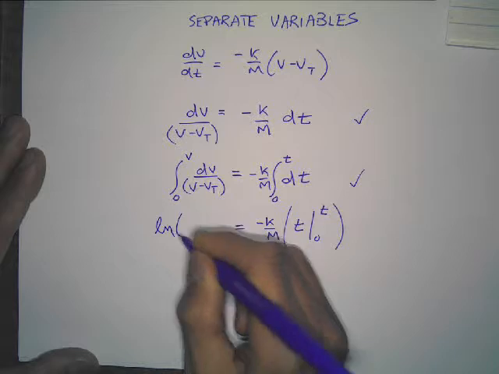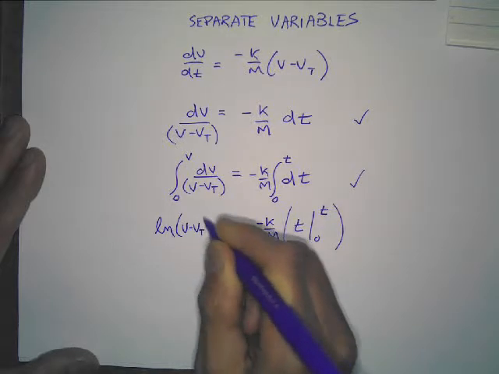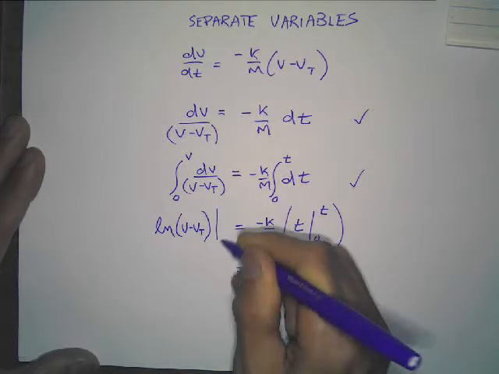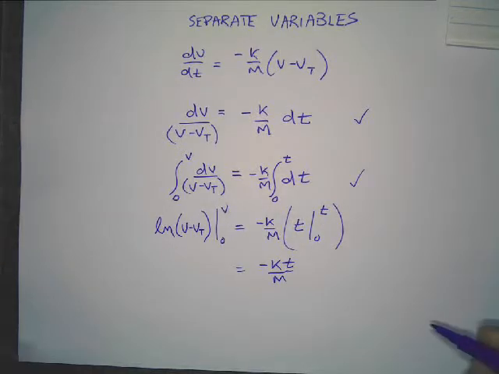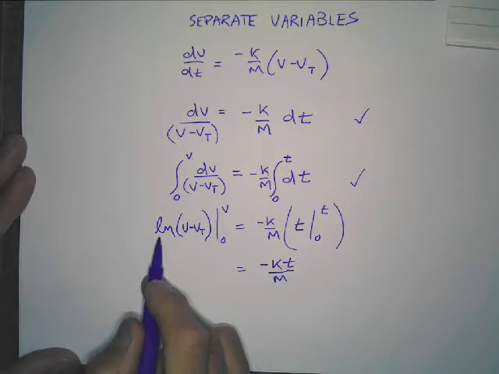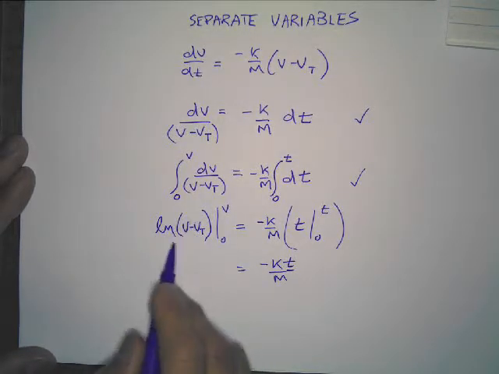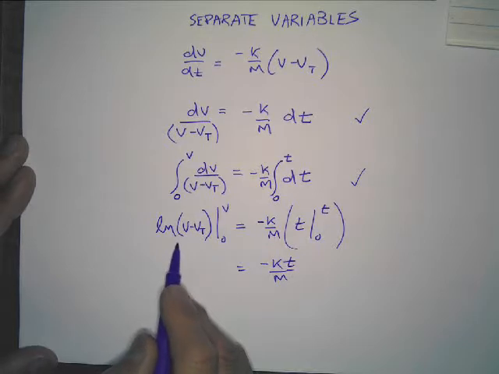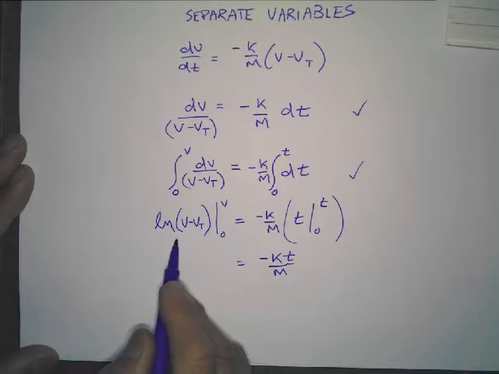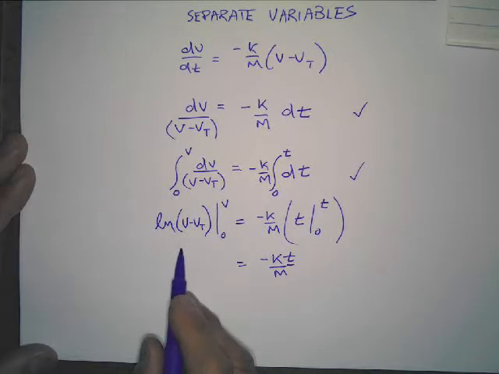So we do ln of v minus vt, evaluated from 0 to v. We can talk more about why that is later, but it's a substitution. I'm just going to present it like this for now without showing the details. So it's just a substitution type of thing.